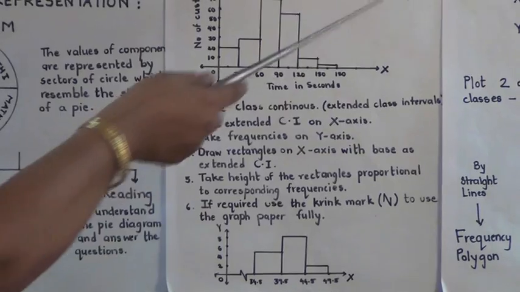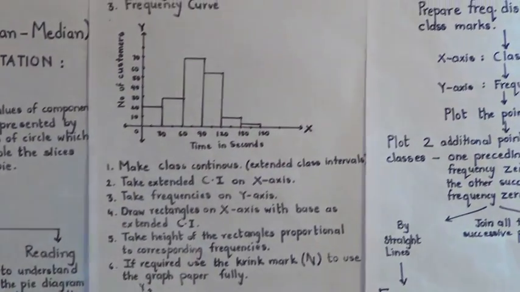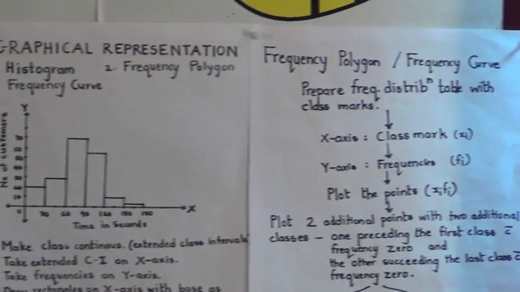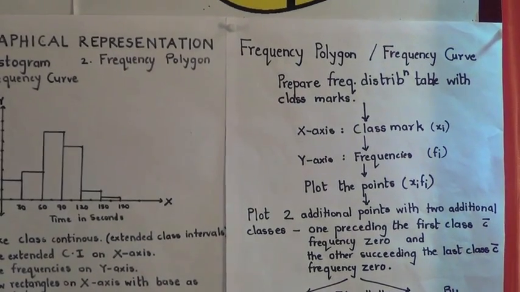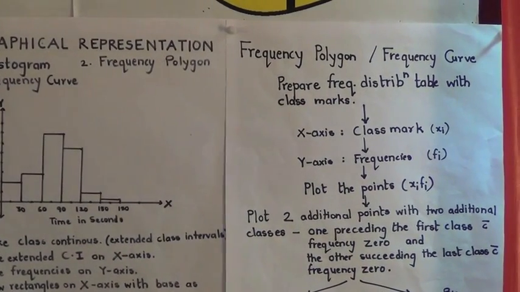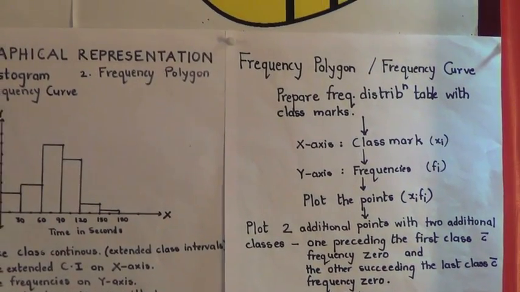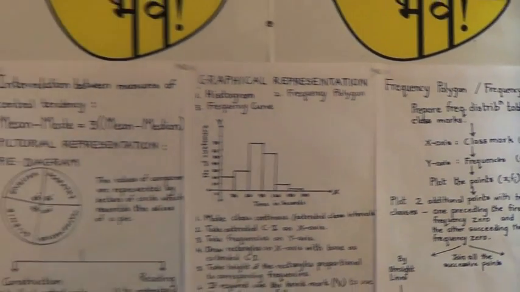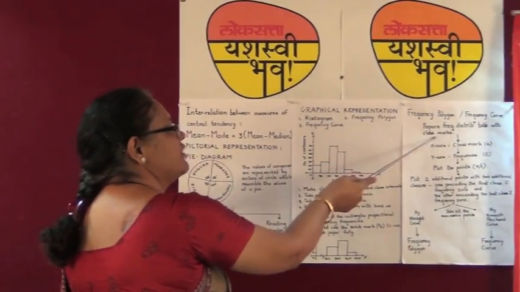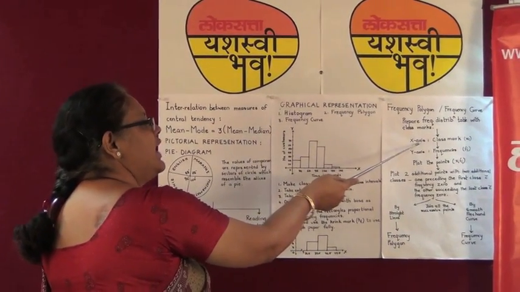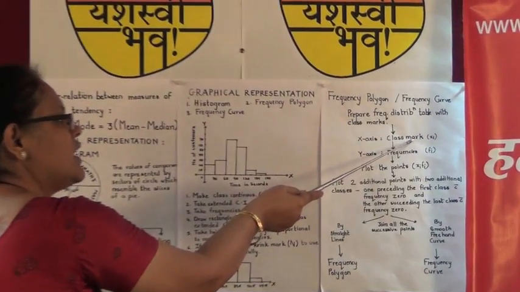Then we come to the frequency polygon or the frequency curve. For drawing a frequency polygon or a frequency curve, we may start by drawing a histogram, or we may only draw a frequency polygon or a frequency curve. For it, we have to prepare a frequency distribution table with class marks. On the x-axis, plot all the class marks.